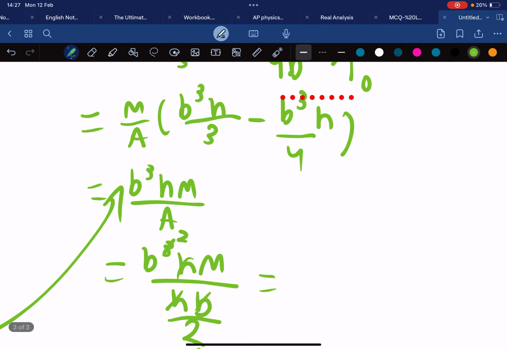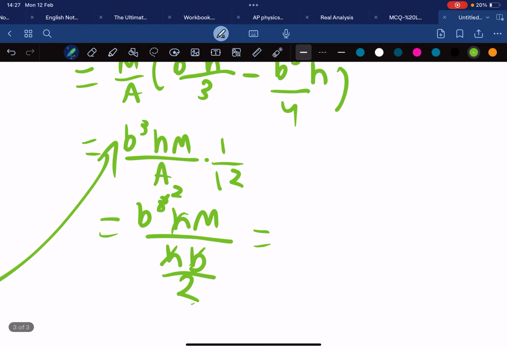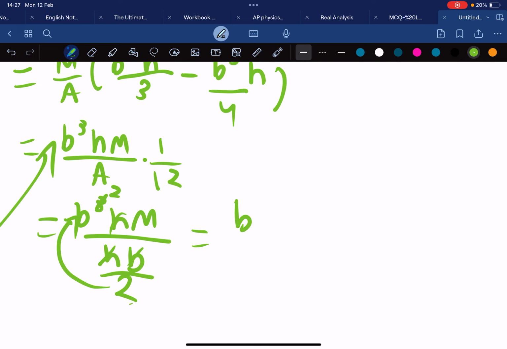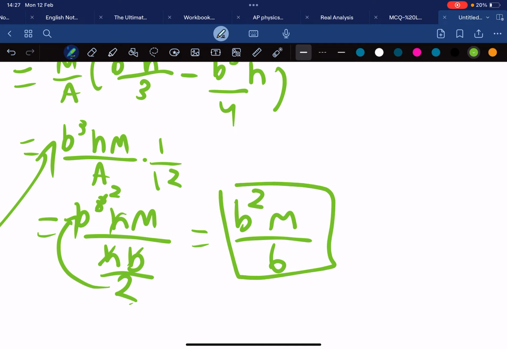Oh no, I missed a factor of 1/12 here. So we get b squared m times 2 over 12, which goes to 6. And that's our final answer.